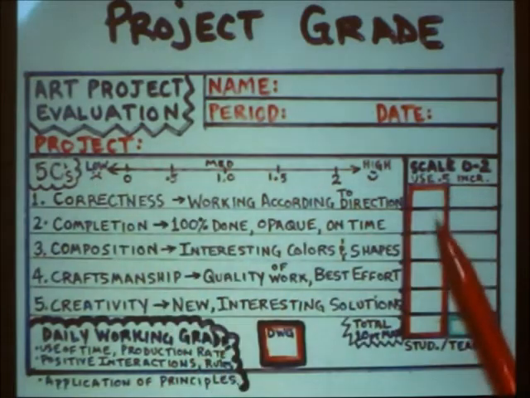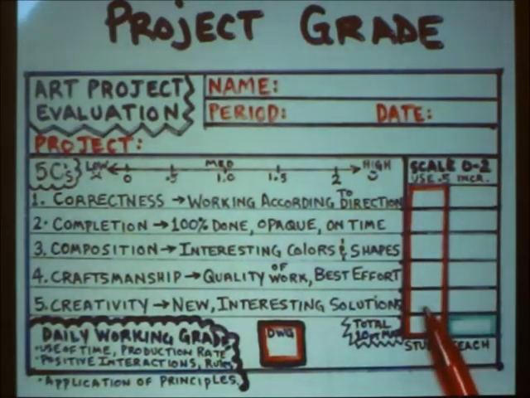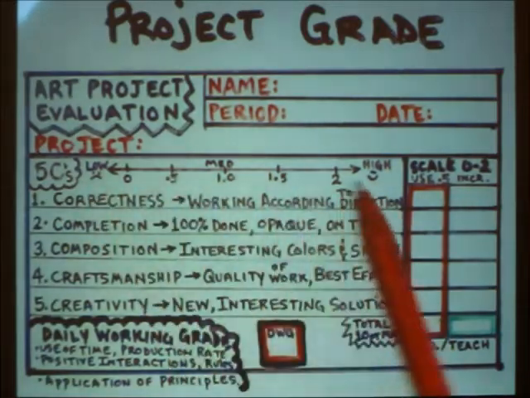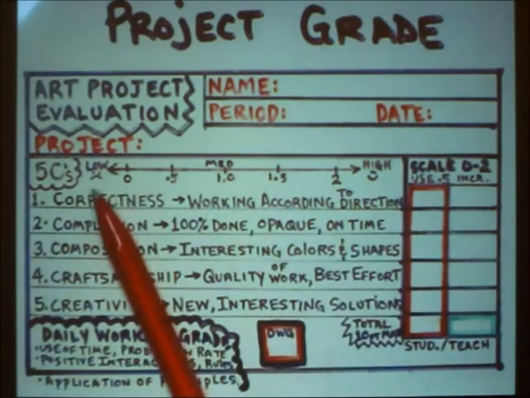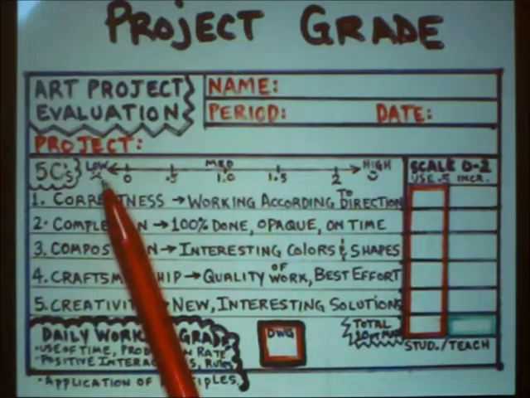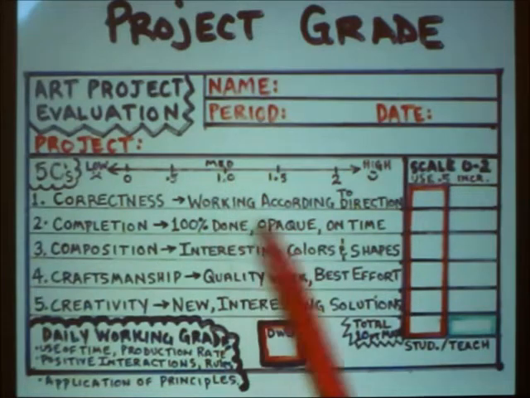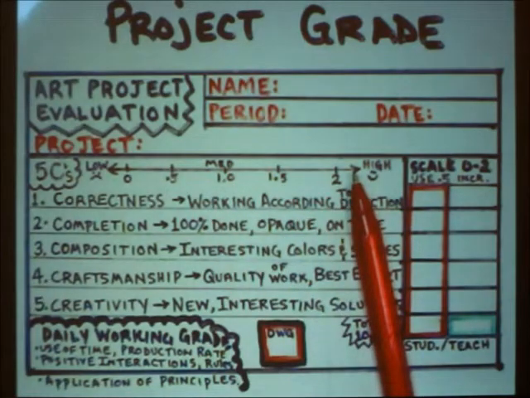There are 5 categories that we assess and evaluate, and each category is on a scale of 0 to 2. 0 in that category would mean you simply did not do the work. A 1 would mean you did about half of the work required of that category, and of course a 2 would mean that you satisfied all the requirements of that category.